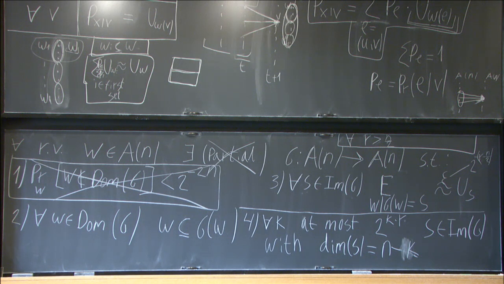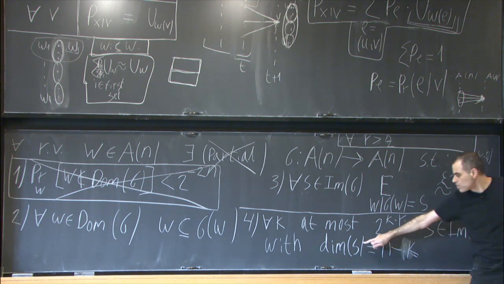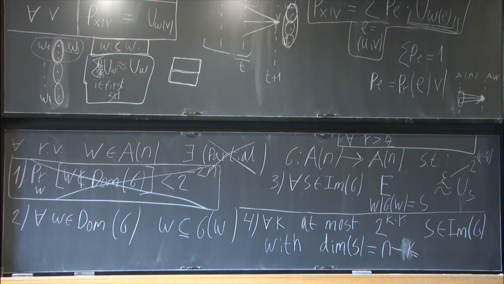So this is very important, that we are only going to get a relatively small number of elements S with small dimension. So this is for any k. For any k, with large dimension, actually, when you talk about the set of solutions, and with small dimension when you talk about a set of equations.